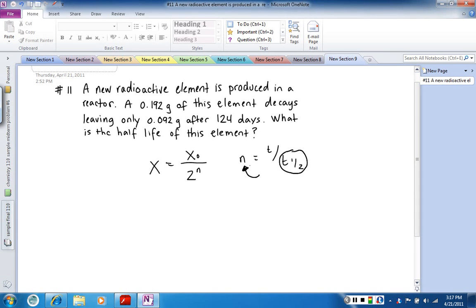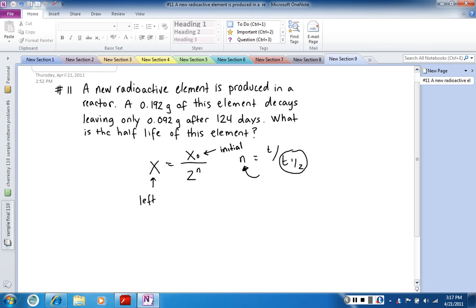We've got both of our x. Remember, x right here is how much is left over, and x naught is the initial amount. So we need to solve the first equation in terms of n.